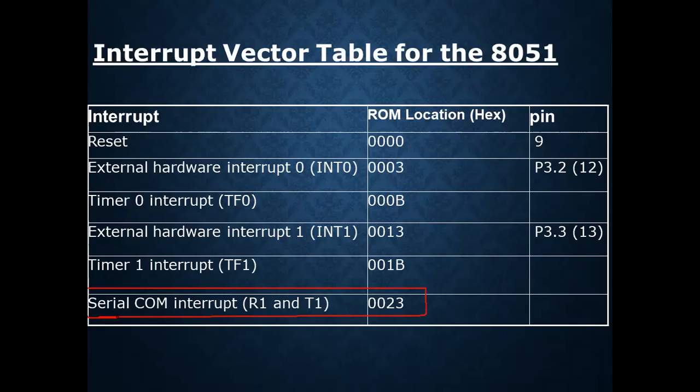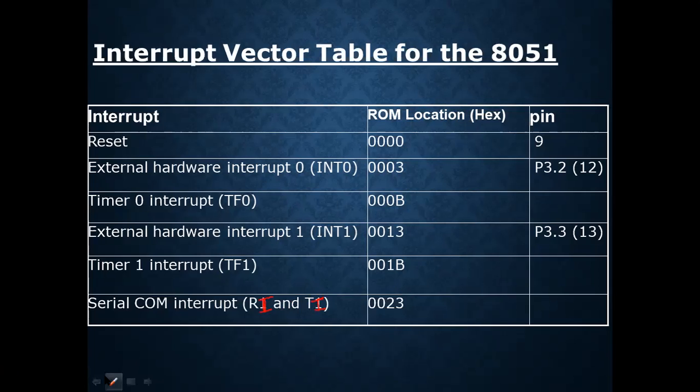Now, if you have any questions, you can ask. Sir, please repeat the last section, serial com interrupt R1 and T1. This is not R1, actually it is RI, everywhere it is written RI. So this is RI and TI, the receive interrupt and transmit interrupt.